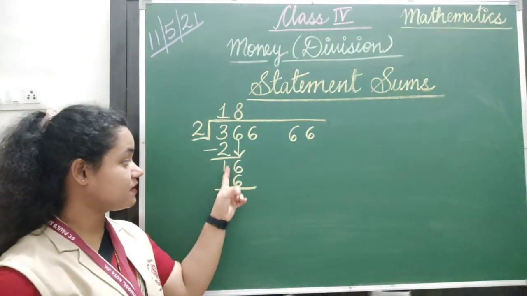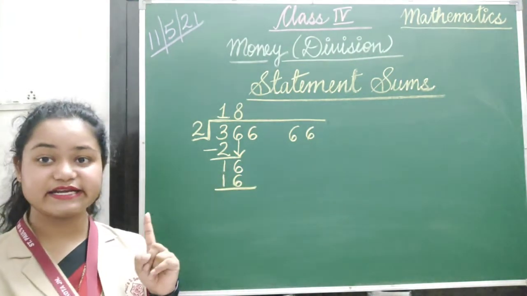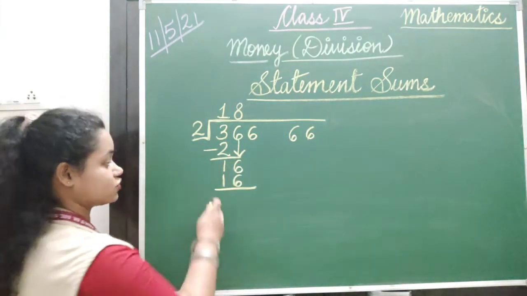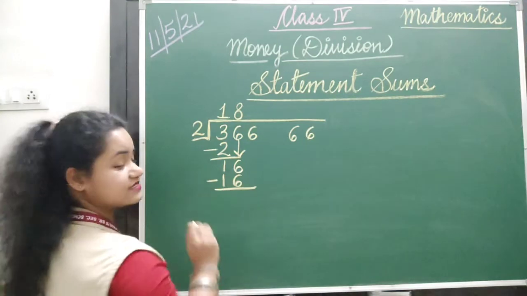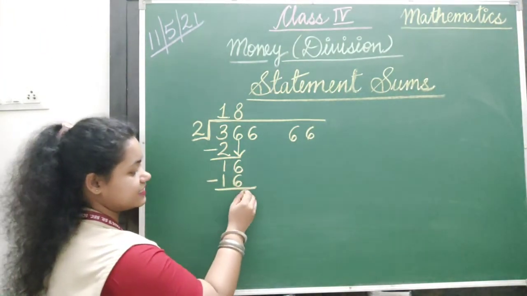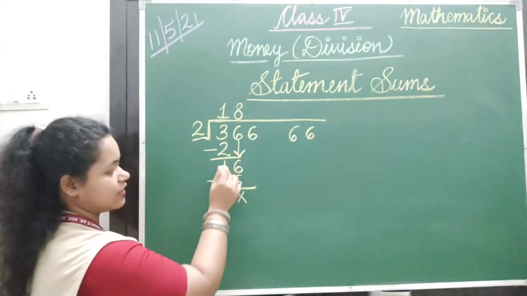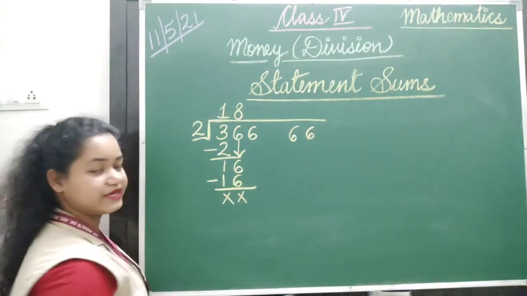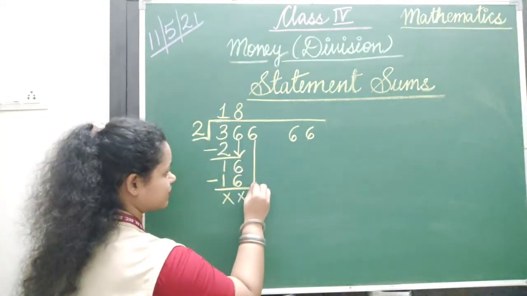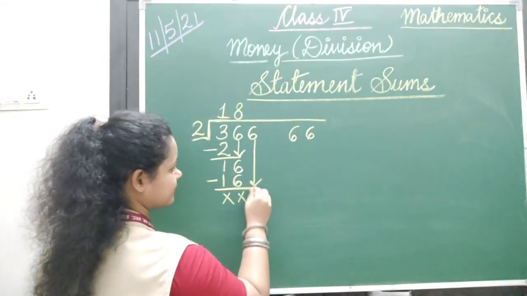Each digit should be placed properly and neatly. You have to do all the calculations. So again subtract. 16 minus 16 is 0. Or you can see 6 minus 6 is 0, 1 minus 1 is 0. That means nothing. Okay. Then in the next step you will copy down this 6.